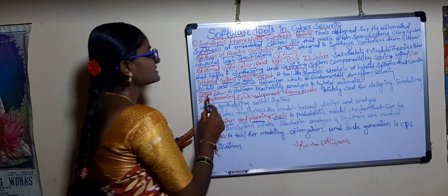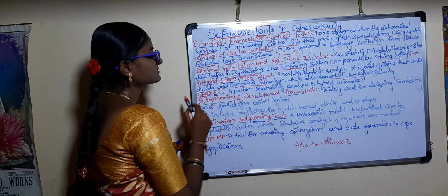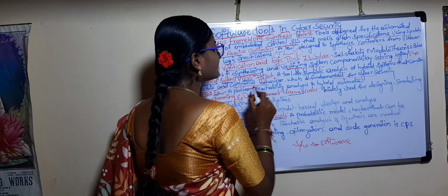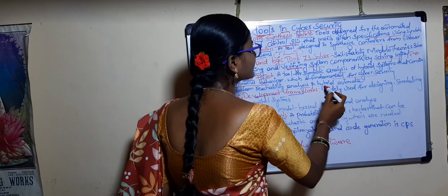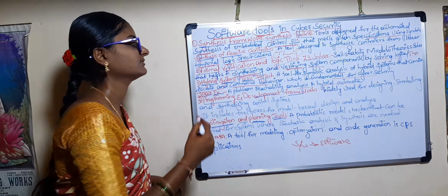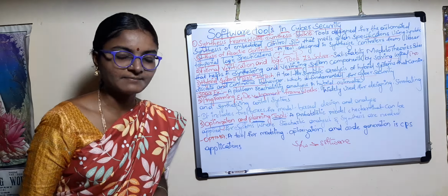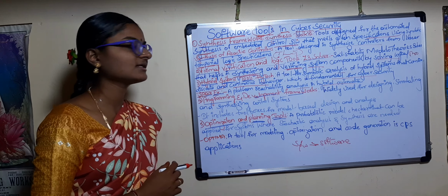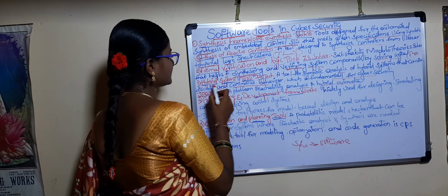And next subheading is SpaceEx. SpaceEx is a platform for reachability analysis of hybrid automata. In this, a platform of reachability analysis and hybrid finite automata we will use in hybrid systems.